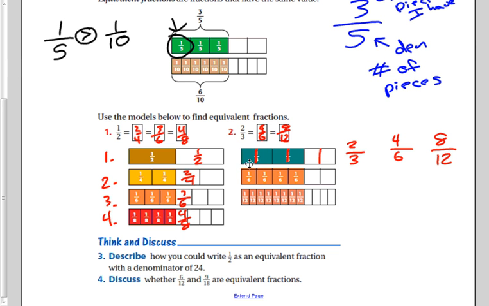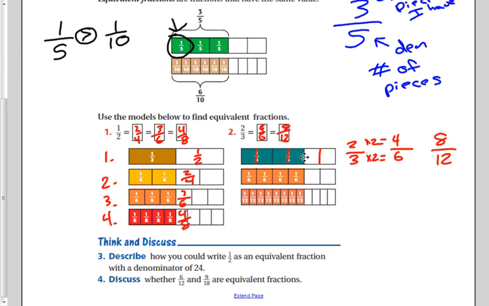So I doubled the number of pieces my candy bar was cut into. Let's write 3 times 2, and that's equal to 6. Again, I doubled the number of pieces my candy bar had. When I doubled the number of pieces it had, notice that I also doubled how many I had shaded. So my 2/3 became 4/6. We doubled the 3, the denominator, but we also need to double the top.